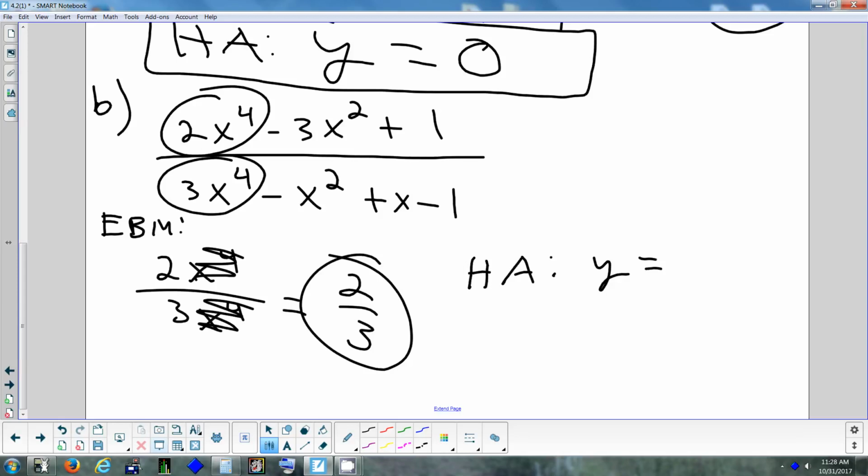Any thought? Josh? Keep your answer as a fraction, if you're going to give me a fraction. Wouldn't it just be 2/3? It would just be 2/3. There is no spot for x. So if all your x's cancel out, your horizontal asymptote is just whatever the EBM was. They're the same thing.